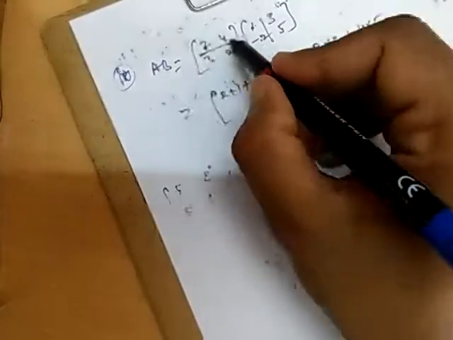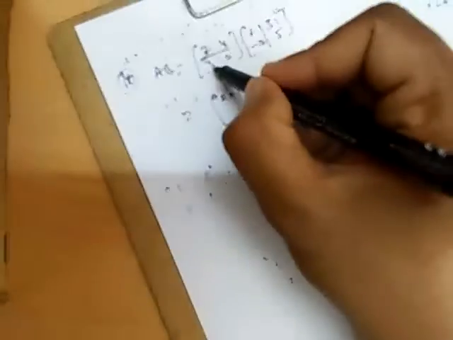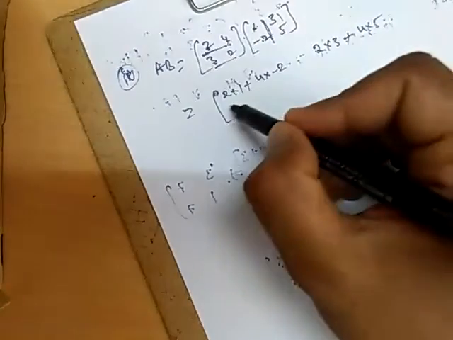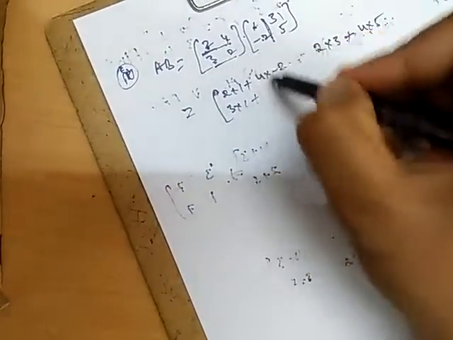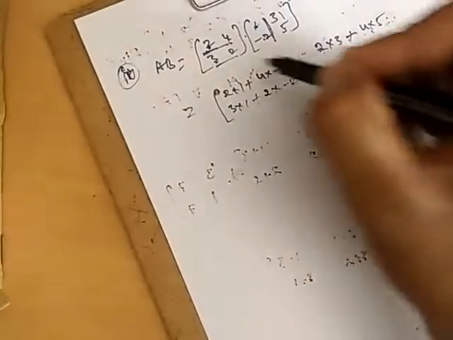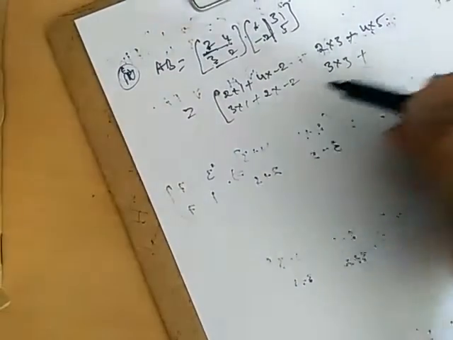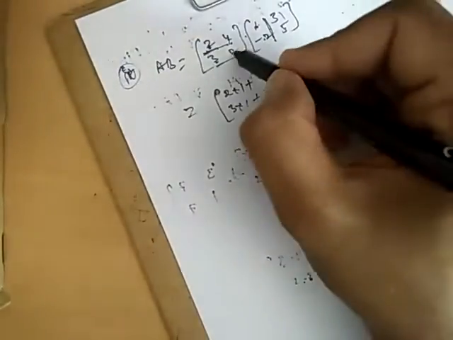Next, first row, first column is over. First row, second column is over. Next, second row, first column: 3 into 1 plus 2 into minus 2. Next, 3 into 3 plus 2 into 5.